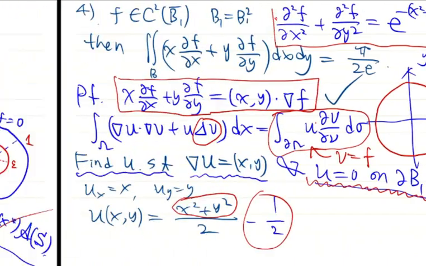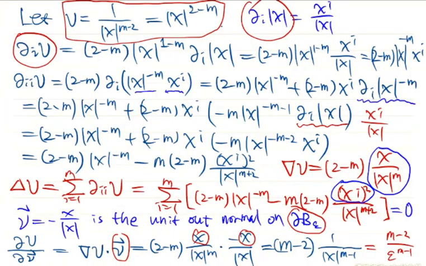This is a known result, in the last line of this page: on the sphere of radius epsilon, the directional derivative of v with respect to the unit normal vector is (n minus 2) over epsilon to the n minus 1.